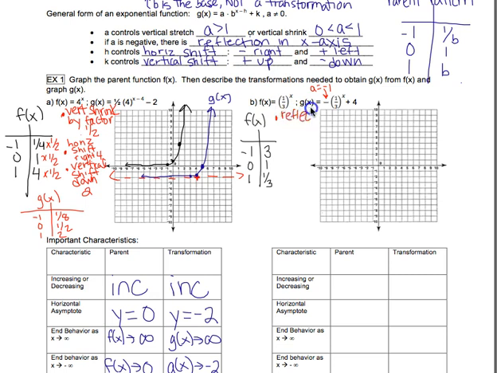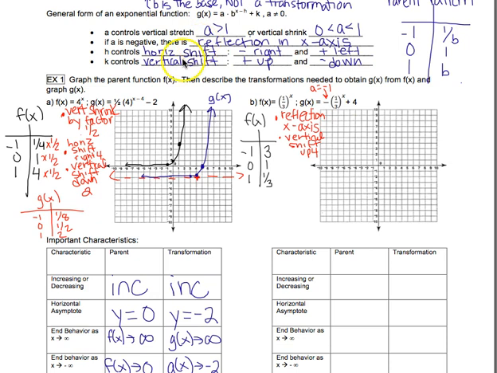So that's what we need to write out here. Reflection, x-axis. Notice that this time there is no h value up here, but there is a k value down here. It's positive, so that means we've got a vertical shift up 4.